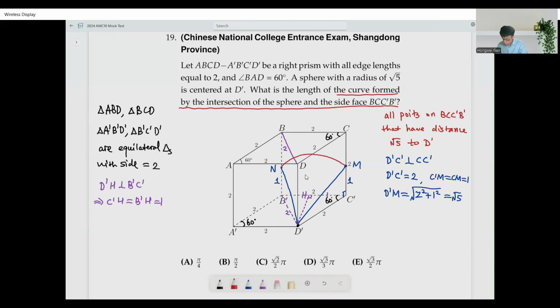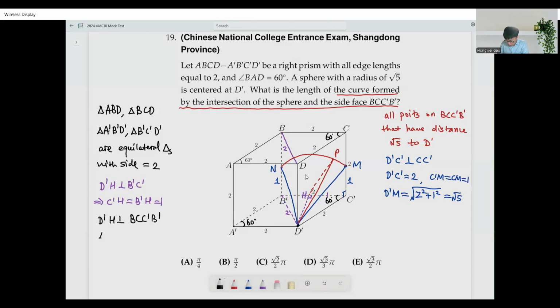The distance from any point on the curve to D' is equivalent to the hypotenuse of triangle D'HP. That's because D'H is perpendicular to the face BCC'B'.